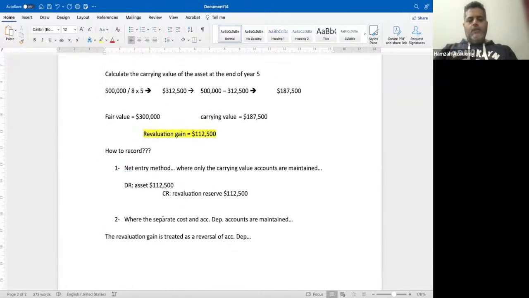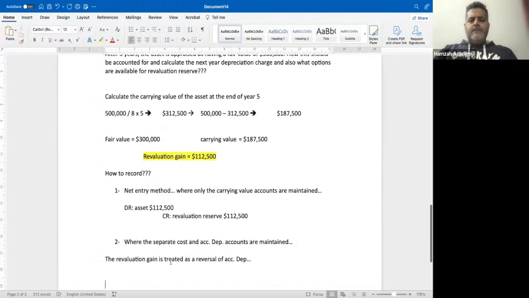Okay, now, where the separate cost and accumulated depreciation accounts are maintained, the revaluation gain is treated as a reversal of accumulated depreciation. What does it mean? It means that depreciation is basically an estimation. You estimated that in 5 years' time, the asset will lose its value by 312,500, and it will have a carrying value of somewhere around 187,500, right?